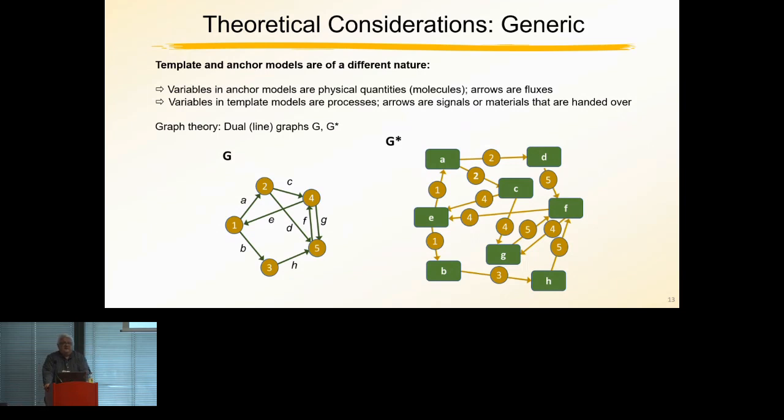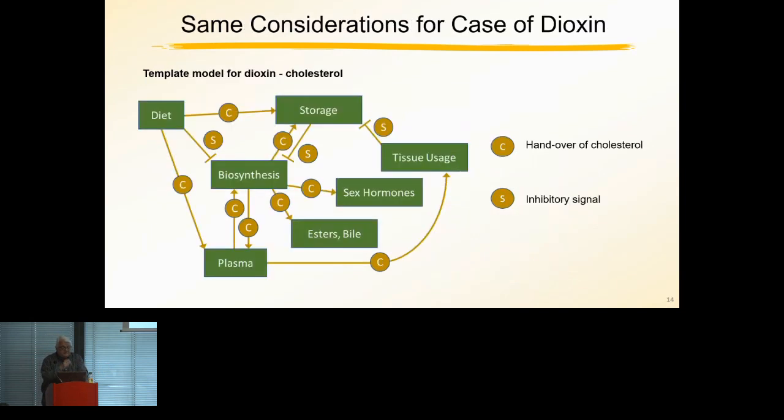So in the template model, the variables are actually processes. In the anchor models, the variables are quantities, like the concentration of cholesterol. So there is this funny duality between these two models, which is very important because it tells you when you set up your models how to organize the template model and how to organize the anchor models.